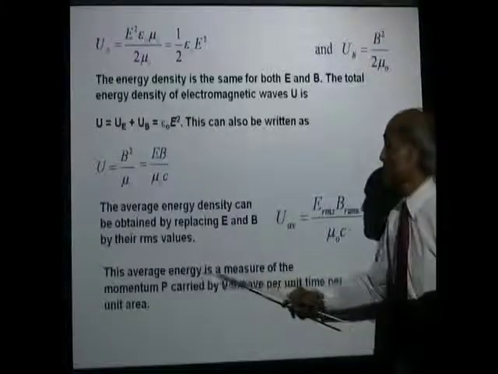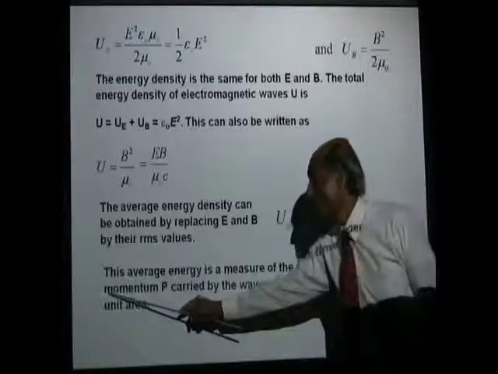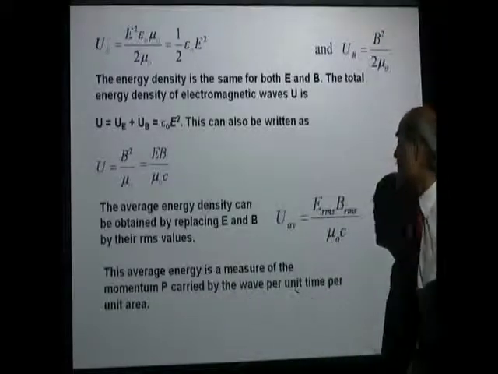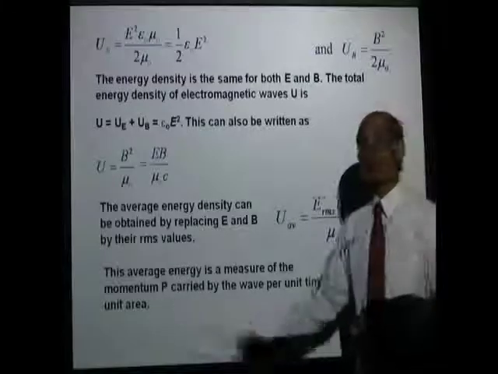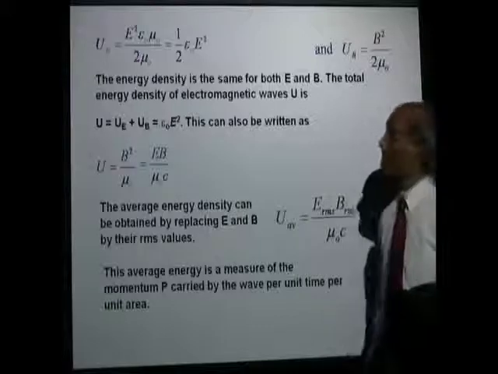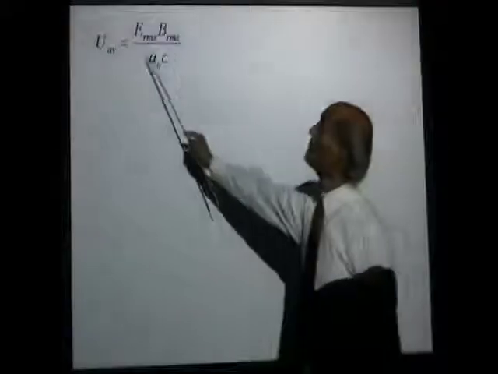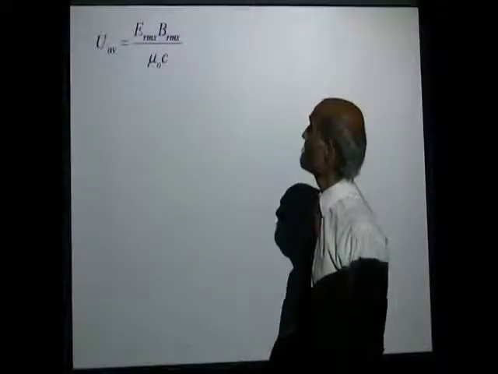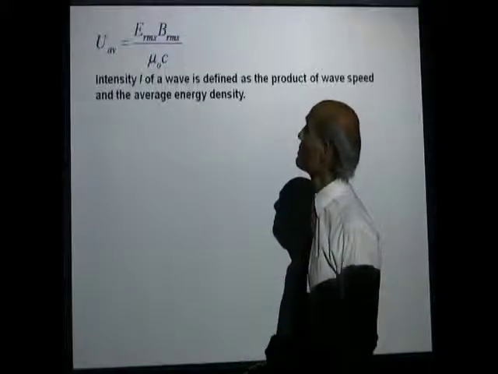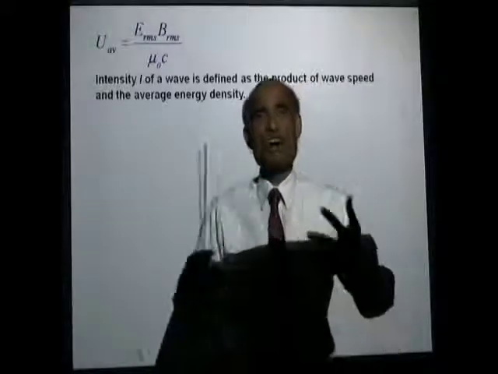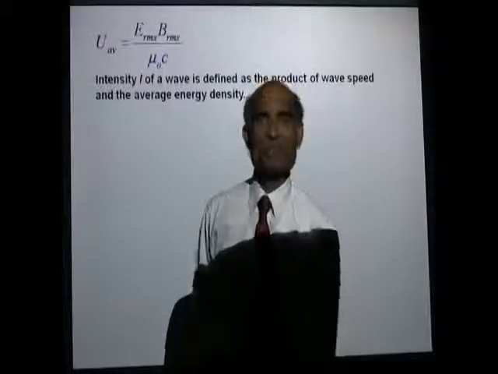Now this average energy is a measure of the momentum P carried by the wave per unit time per unit area. Now that's an important concept. Alright, so the average energy E RMS, B RMS over mu 0 C. Now what is the meaning of intensity of a radiation?